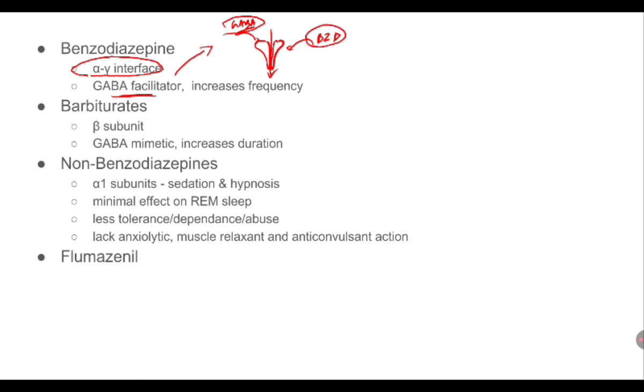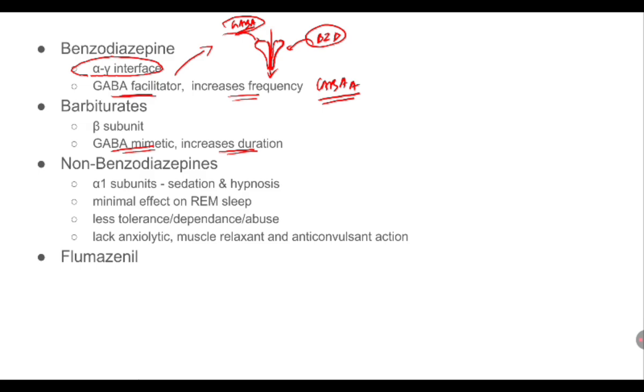By binding to the GABA A receptor, benzodiazepines increase the frequency of GABA A channel opening. Coming to the barbiturates, these are binding to the beta subunits as we already mentioned, and these have GABA mimetic action, and they increase the duration of the GABA A channel opening.